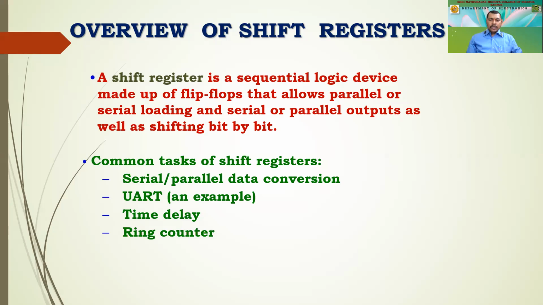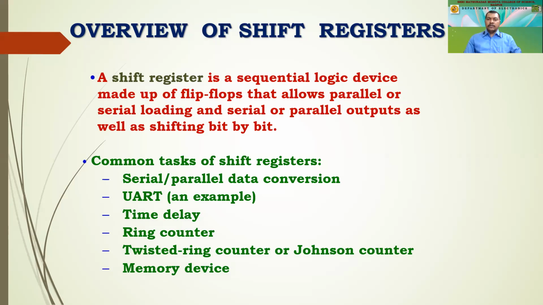And we have ring counters and twisted ring counters, that is the Johnson counter, and these flip-flops are used as memory devices. These are the applications of shift registers in digital systems, and they are responsible for storing the data, giving the data, and transferring the data from one point to another.